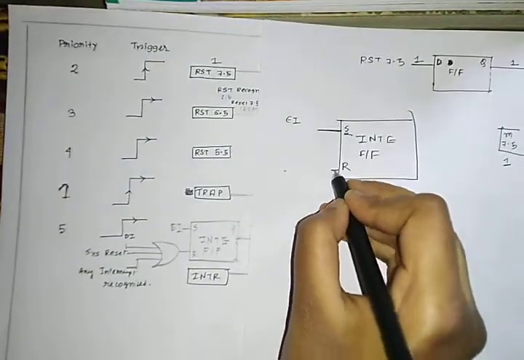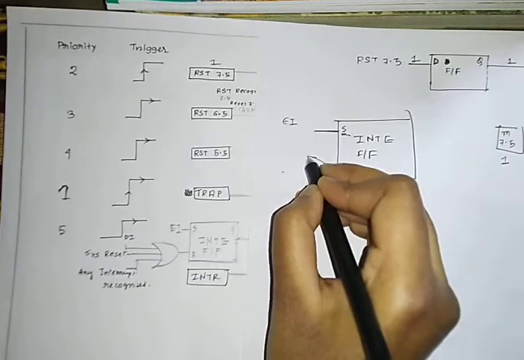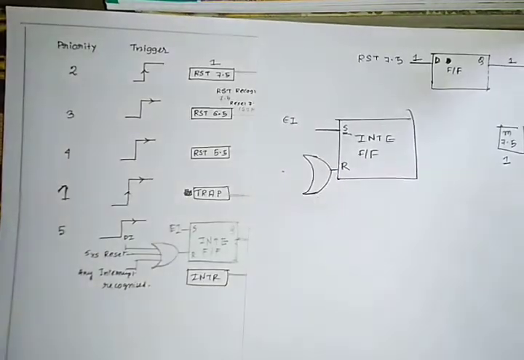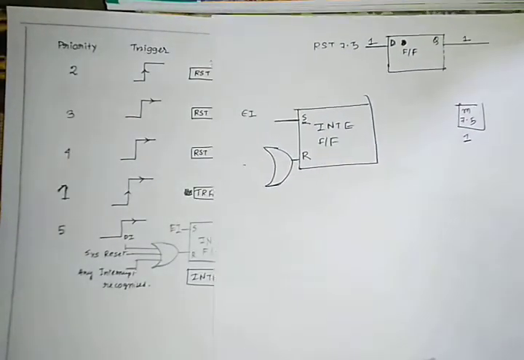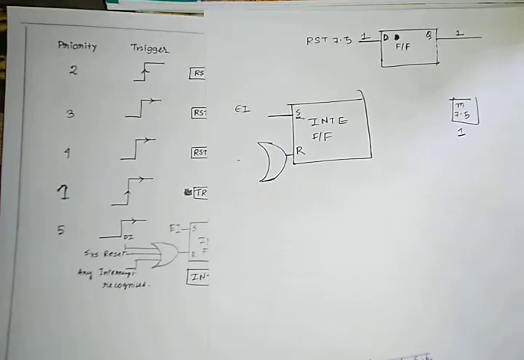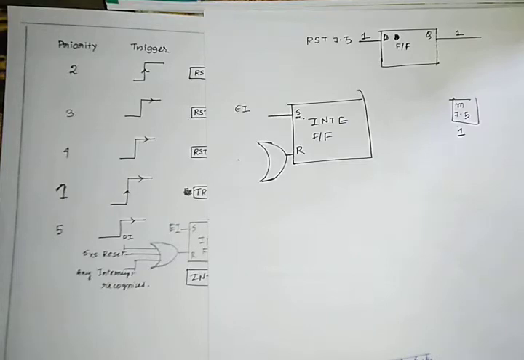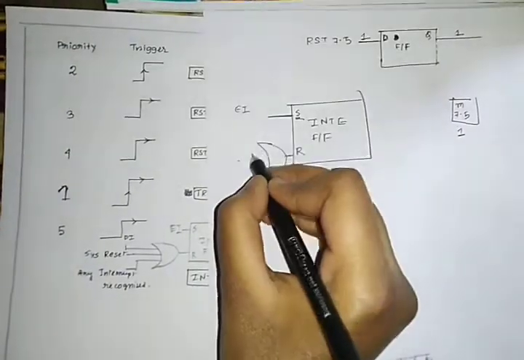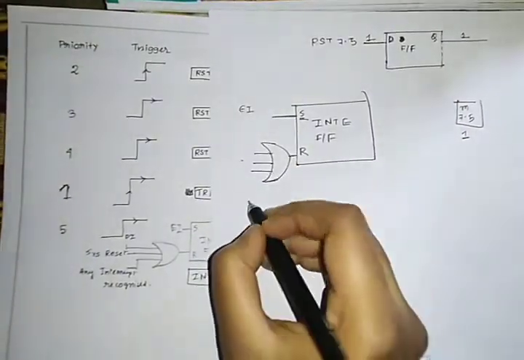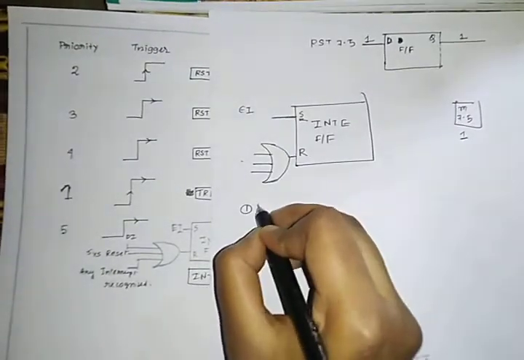So for resetting, there will be an OR gate. What is the function of the OR gate? If any of the inputs is 1, then it will produce 1. It will reset everything and disable all your interrupts. So what are the conditions that can reset this? There are 3 conditions. 1. DI.